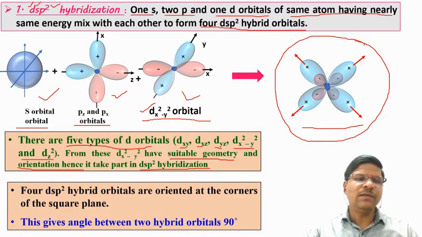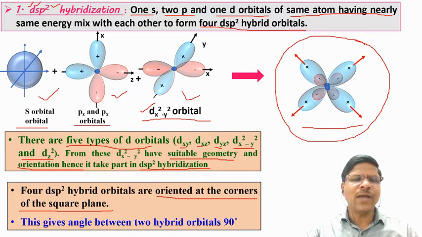If you see these hybrid atomic orbitals, they are oriented at the corners of a square plane. So they ultimately give square planar geometry to the molecule.